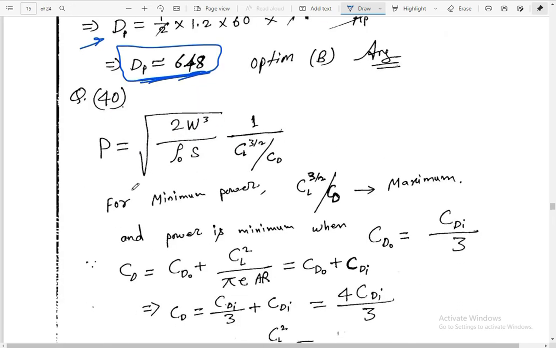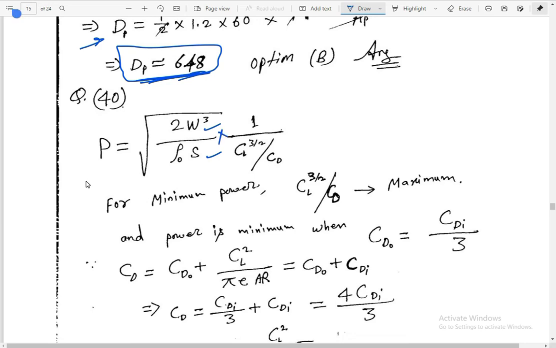We have the formula for power. Power is equal to under root 2 W by rho infinity S, where W is weight, S is the area, rho is the density, and 1 by under root CL to the power 3 by 2 by CD.